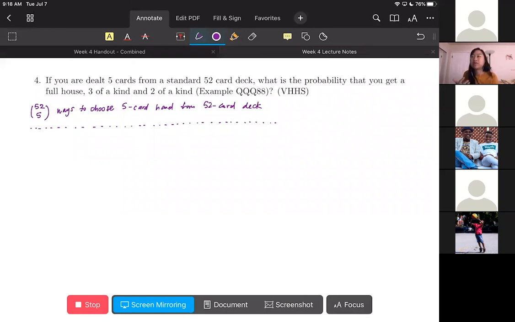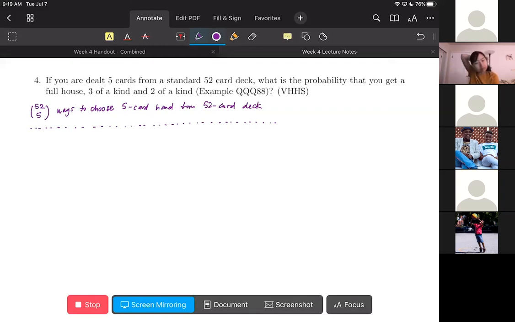They could be different suits. So basically you want like 3 queens or 3 2s or 3 5s, and then 2 of another number or rank. So it could be like 3 5s and 2 kings, or 3 queens and 2 8s. So the suit doesn't matter as much.